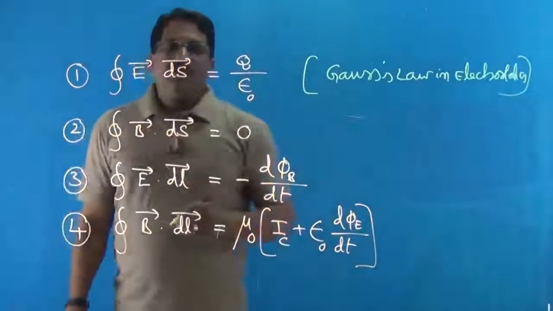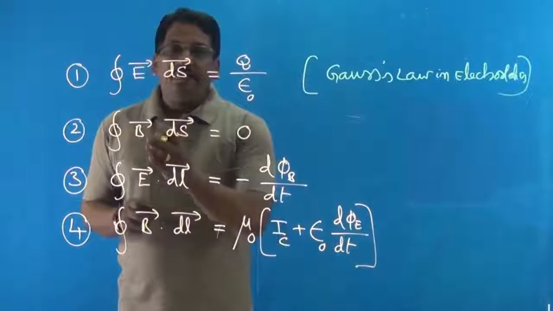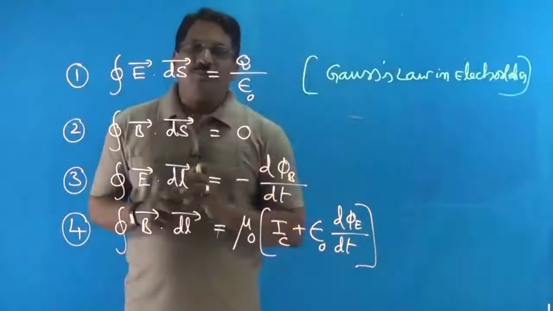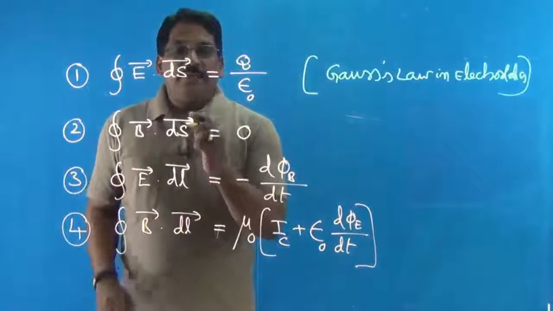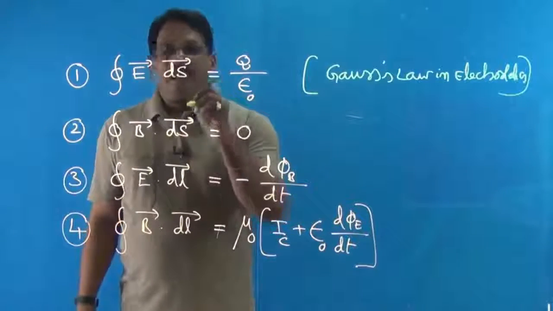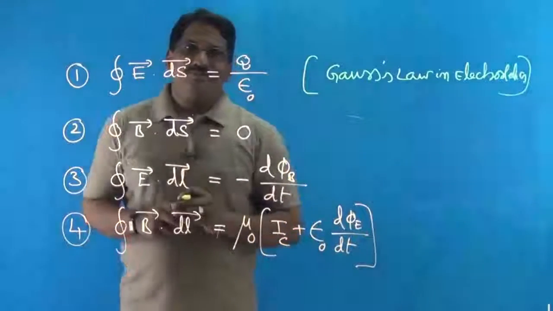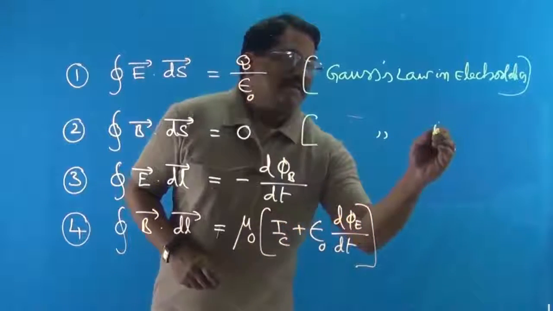Coming to the second equation, the surface integral of the magnetic field over a closed surface is equal to 0. We can also say that the magnetic flux through a closed surface is equal to 0. This is the Gauss law in magnetism.